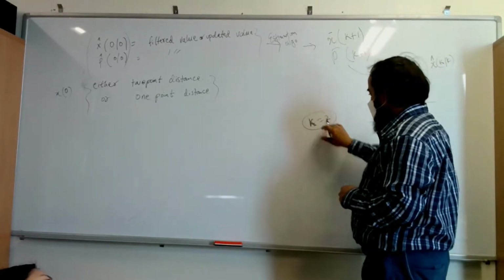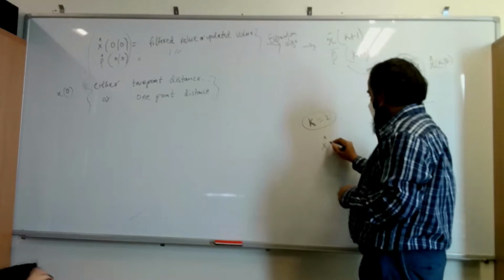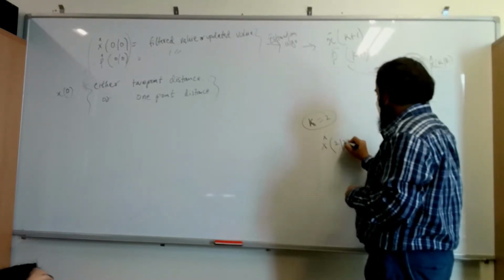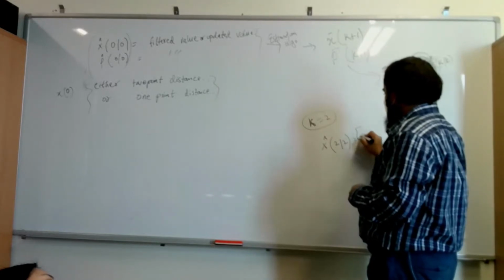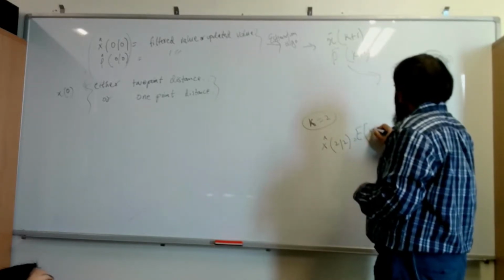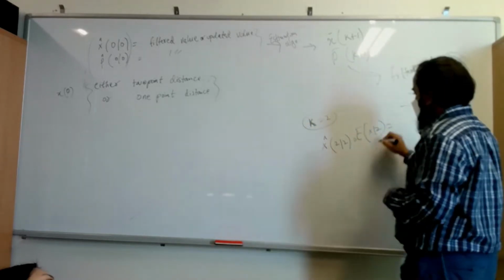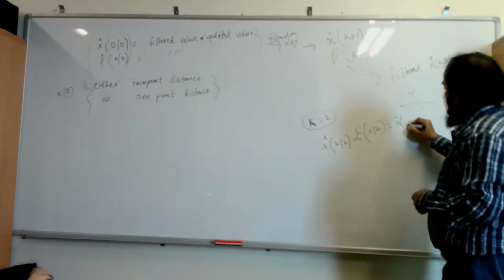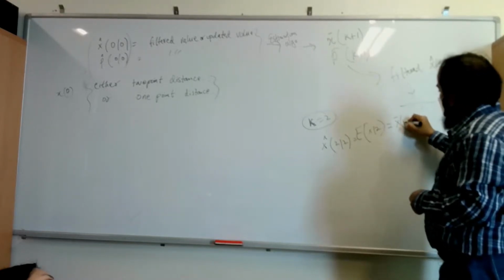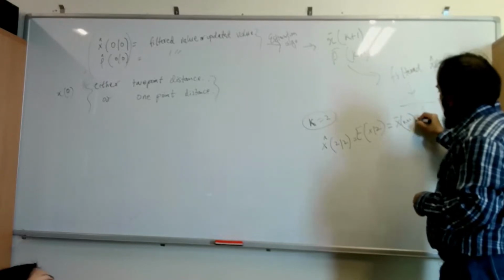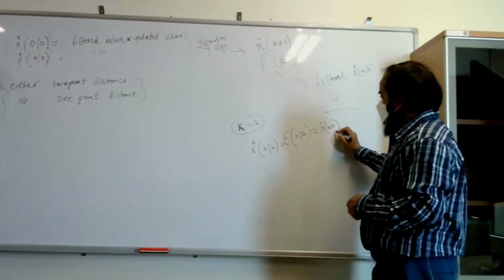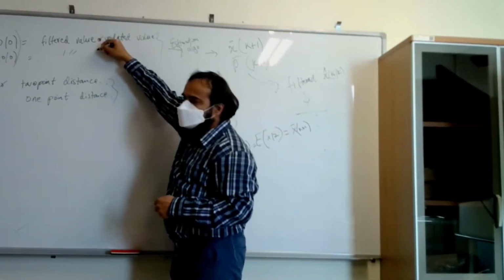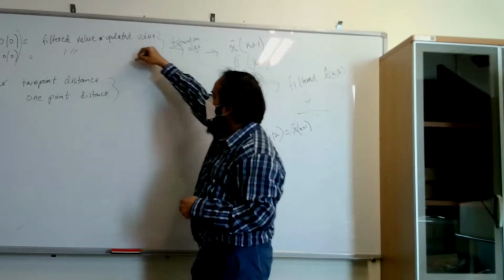So at k we have to find the estimate value of 2 by 2, the expected value of x given z, equal to this x bar, which is actually the k plus 1, because we have already calculated the filter value. This way the filter value is used here.